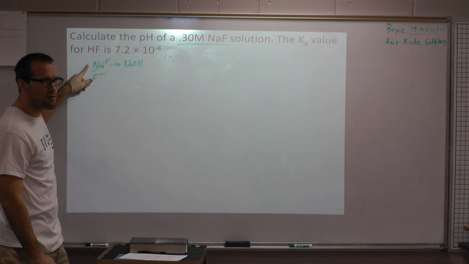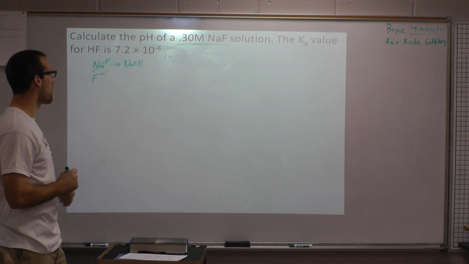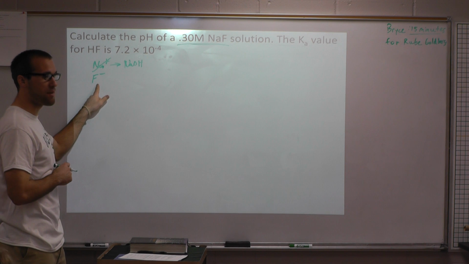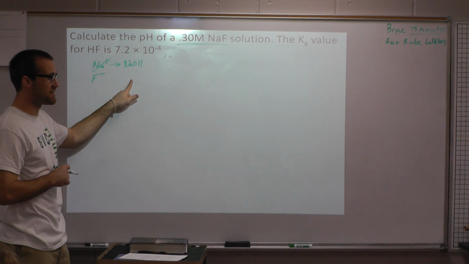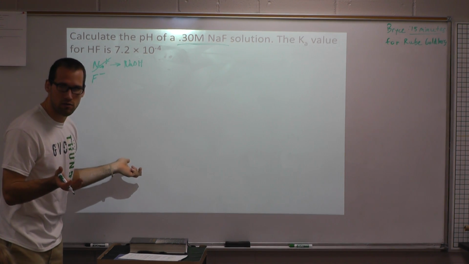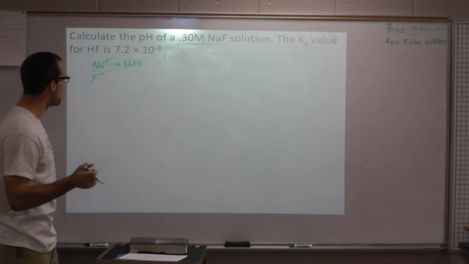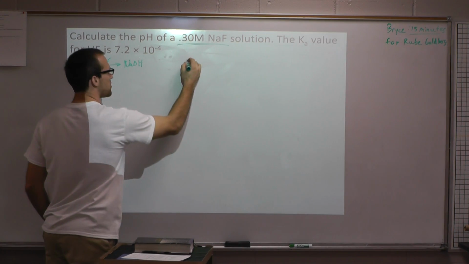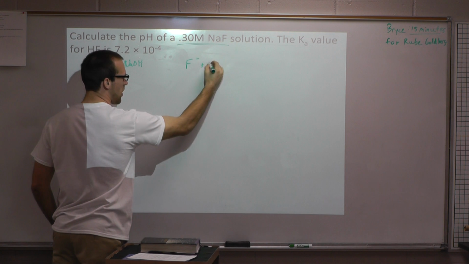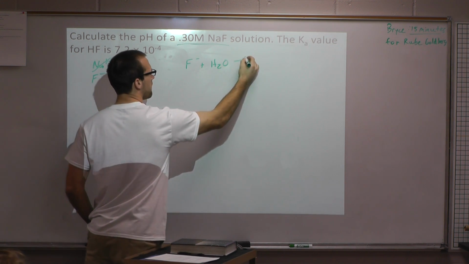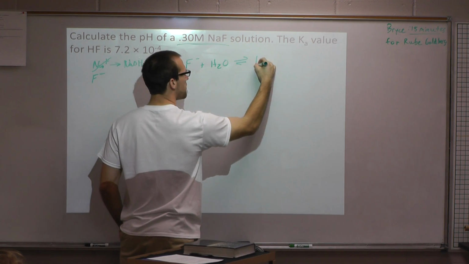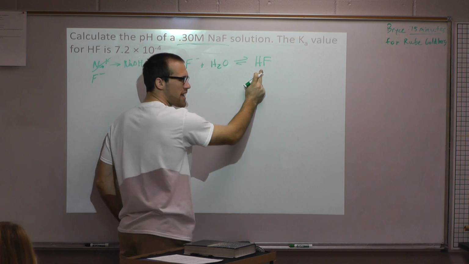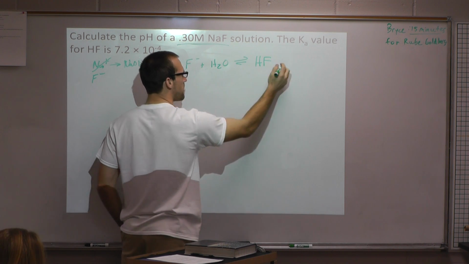Because NaOH dissociates, if it's in water, it's not going to form anything. This will react, because it forms something that doesn't dissociate very well. So the reaction will be this with water to produce a weak acid, which won't dissociate much, and hydroxide.